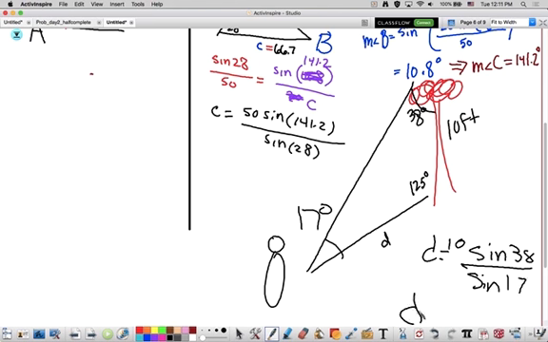And then once you simplify that, you get D is about 21.1 feet by using the law of sines.